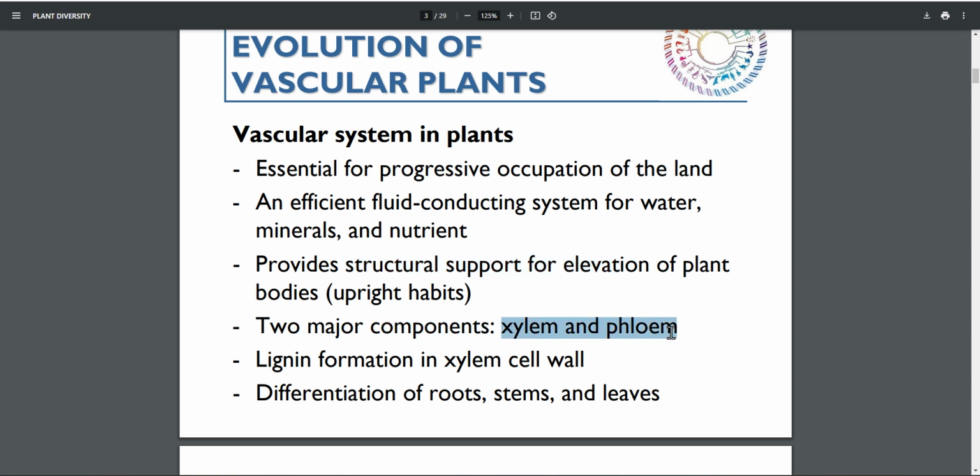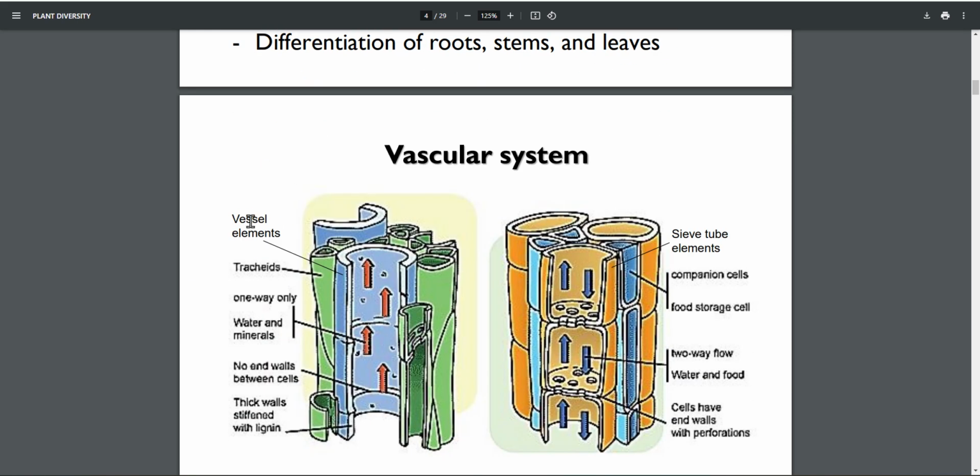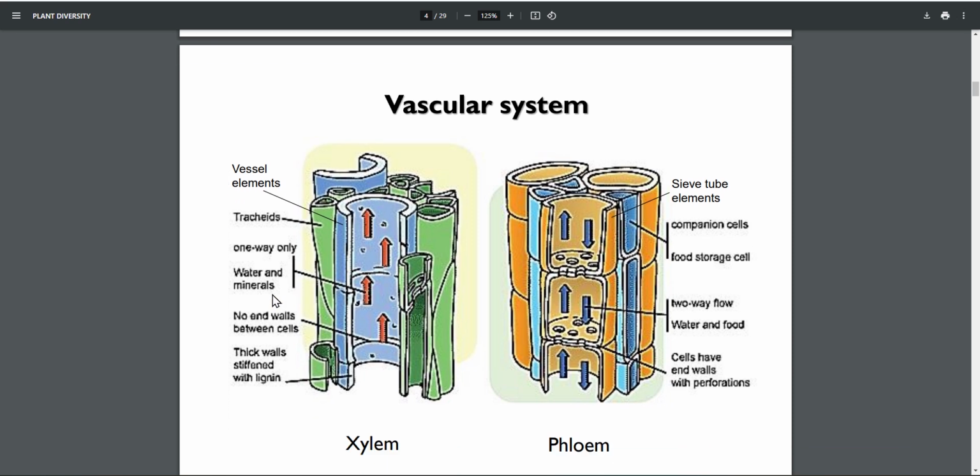The main conducting components are xylem and phloem. Remember, xylem carries water and minerals, phloem carries sugar and water. Lignin, which is in the xylem cell wall, is very tough. And there is differentiation of roots, stems, and leaves, which each have their own function. Just remember all of these. Xylem cells are dead, very similar to the water holding cells of peat moss.